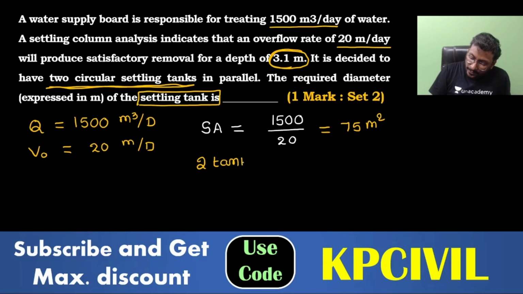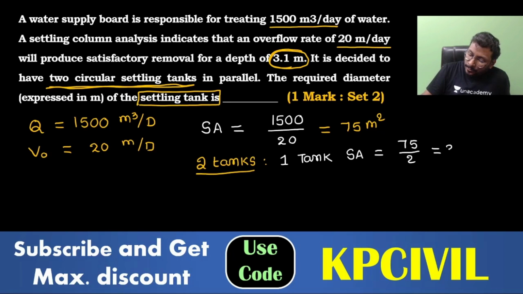So what is the surface area of each tank? 2 tanks are there, so one tank surface area is 75 by 2, 37.5. Now surface area is equal to pi by 4 d square, which is equal to 37.5.